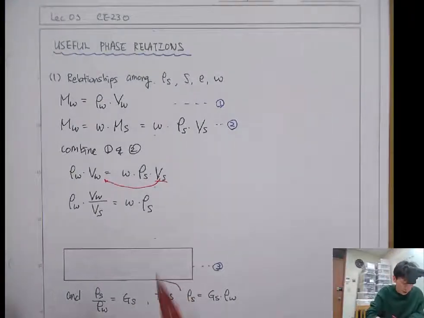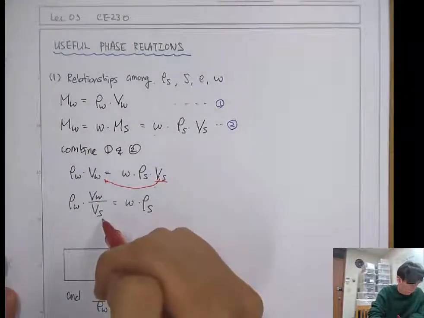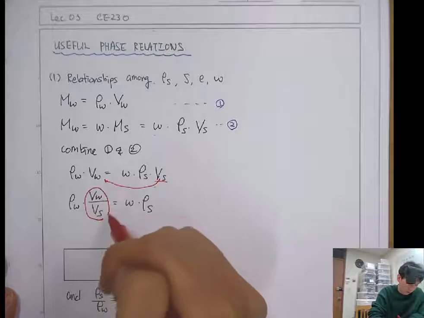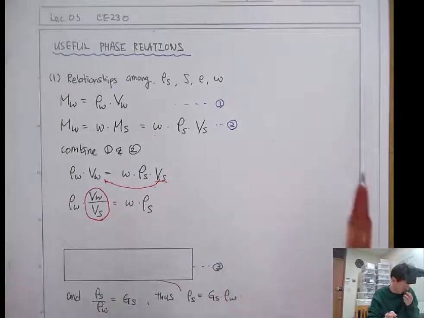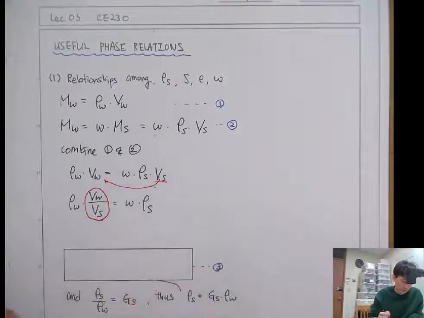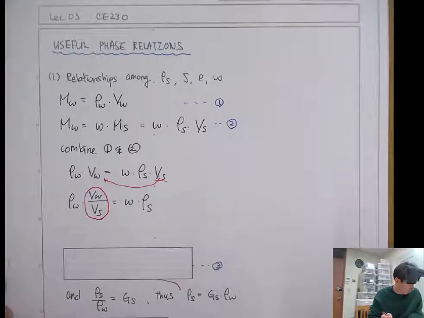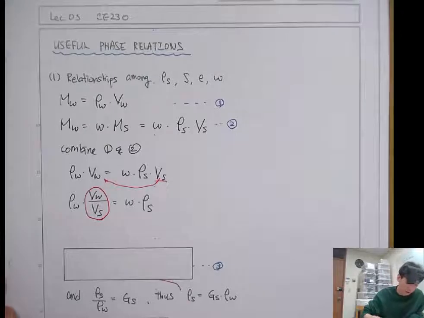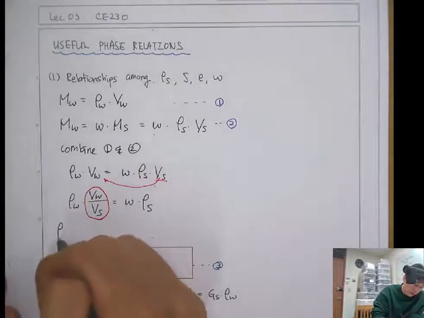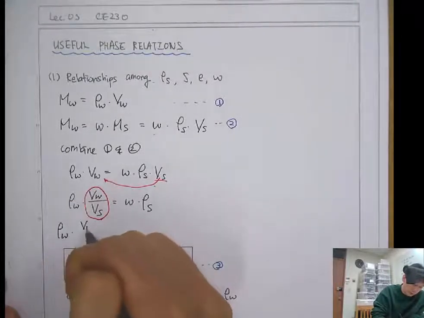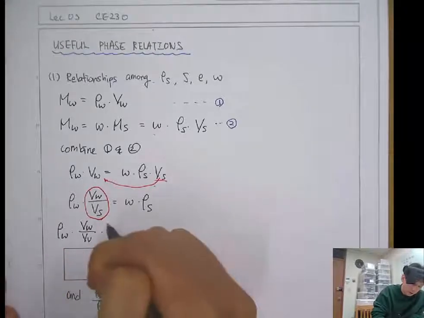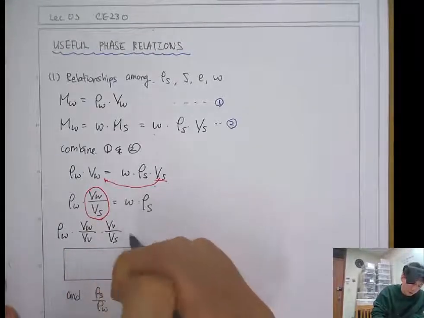And do you see that this one, right? This one is void ratio, right? Or, oh, sorry, it's not the void ratio, but we can rewrite this one by expanding it, V w over V v and V v over V s.